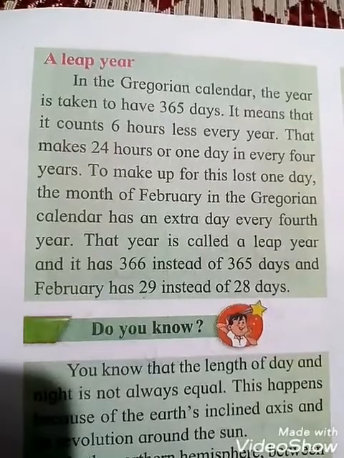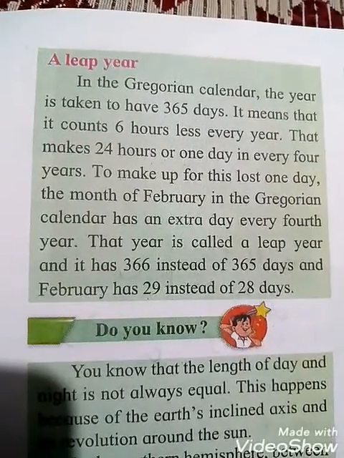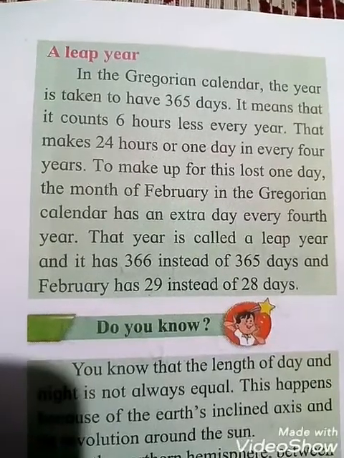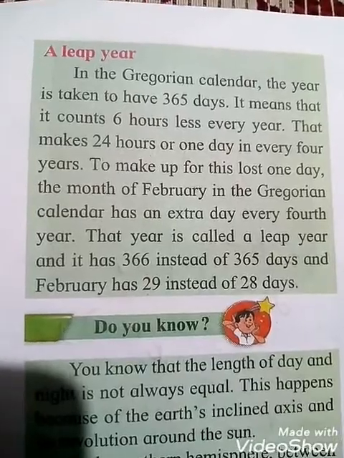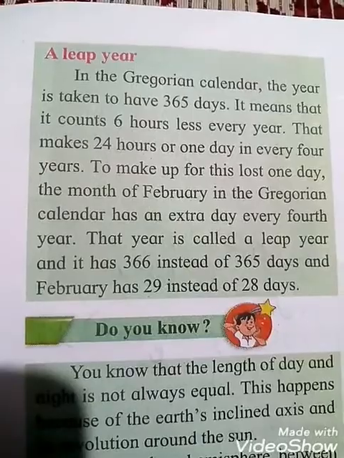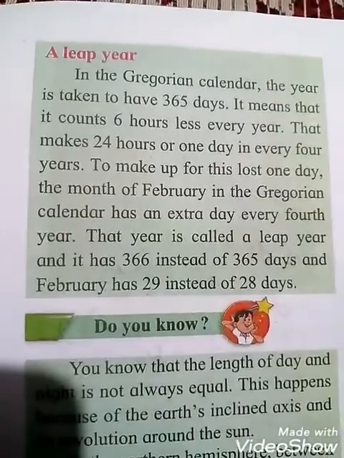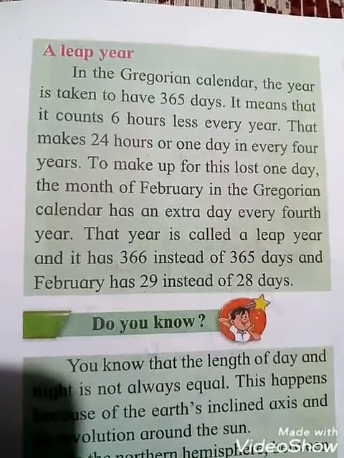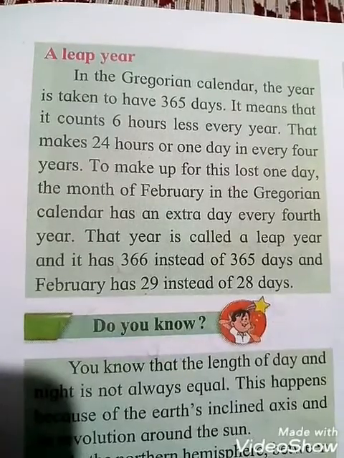So students, in the Gregorian calendar, the year is taken to have 365 days. It counts 6 hours less every year. Over 4 years, multiplying 6 by 4, that is 24 hours, which means 1 day in every 4 years.